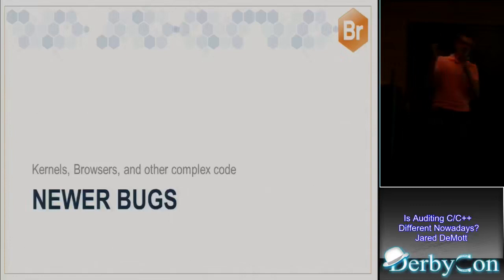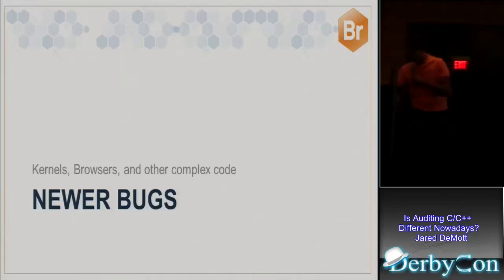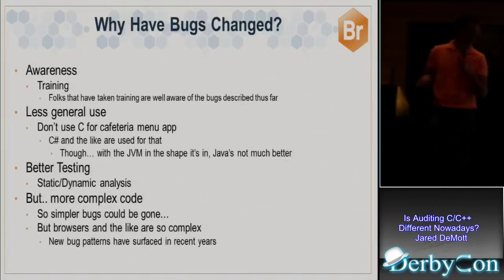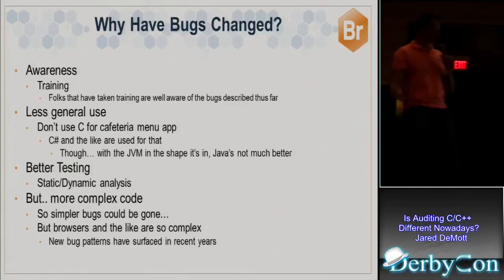So, okay. Closing the door on the past. That was kind of the stuff that was a problem, might still be if you're working on legacy code, but what are some newer issues for today? And we're going to generally be talking about kernel code and browser code and C++, that kind of stuff.